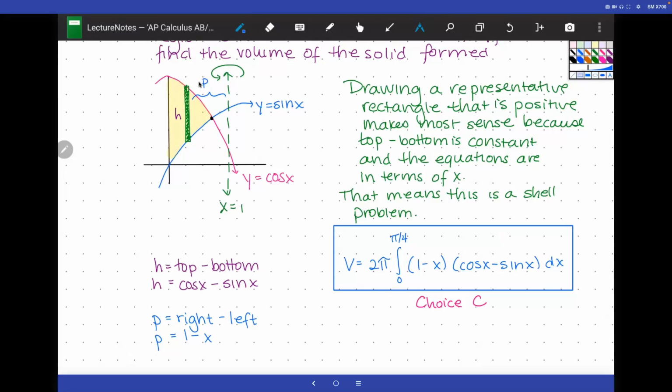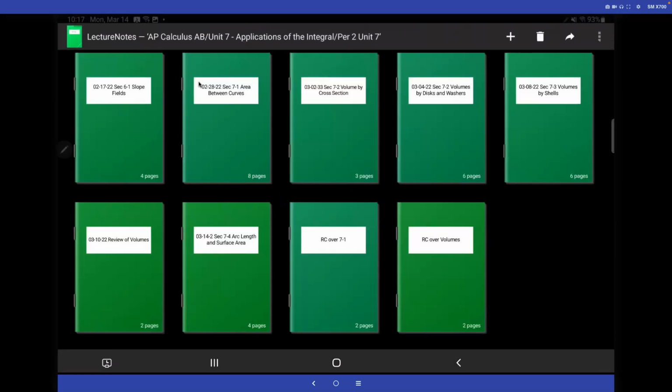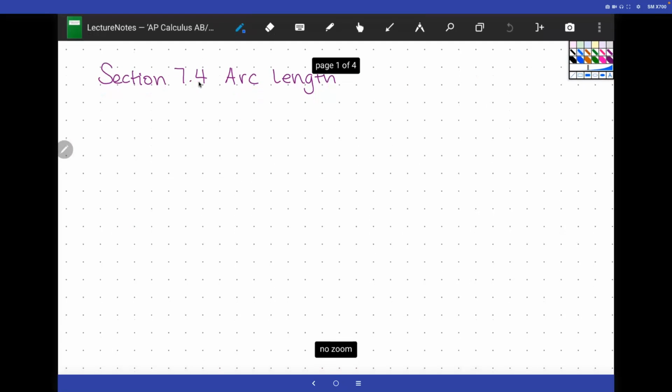How about we do the last thing for this unit then? Arc length.